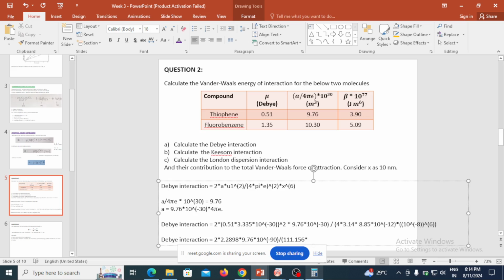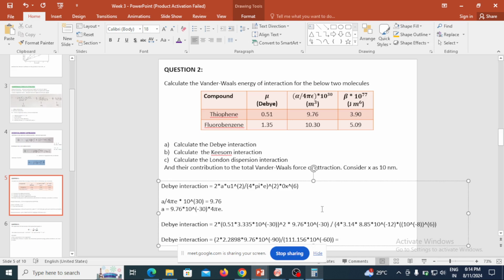So 10 power minus 8 the whole power 6 will be 10 power minus 48. So you have 10 power minus 48 and 10 power minus 12, so that will become 10 power minus 60, right? So I hope you are following what I am saying.